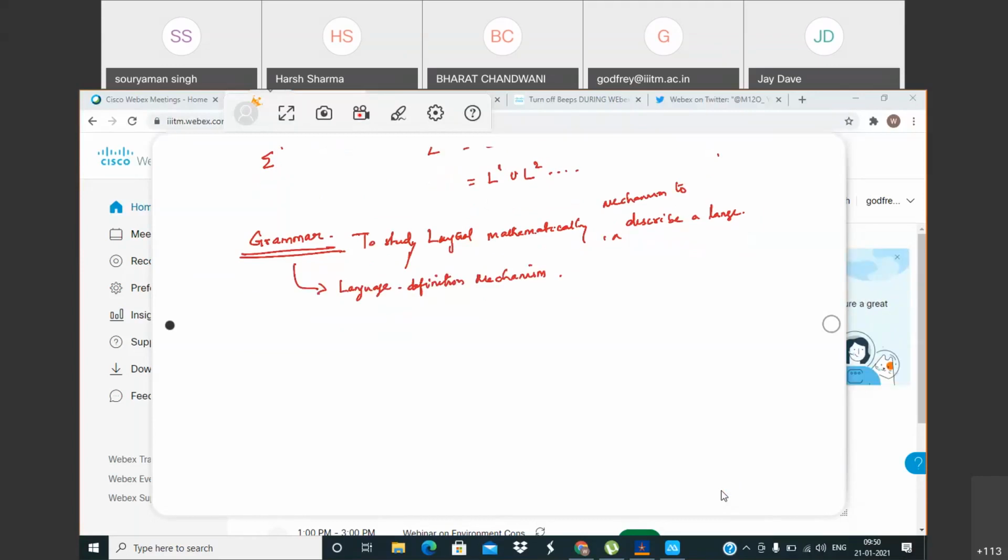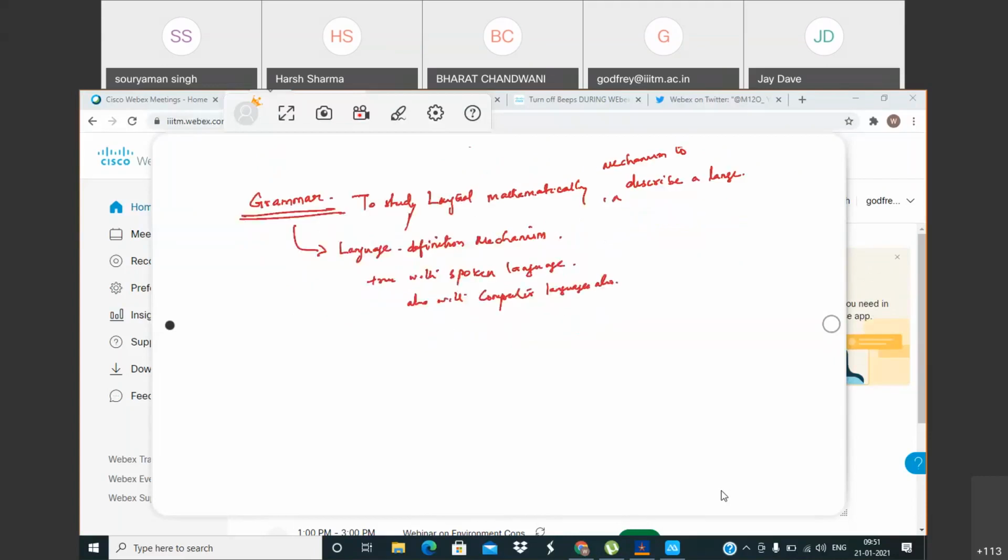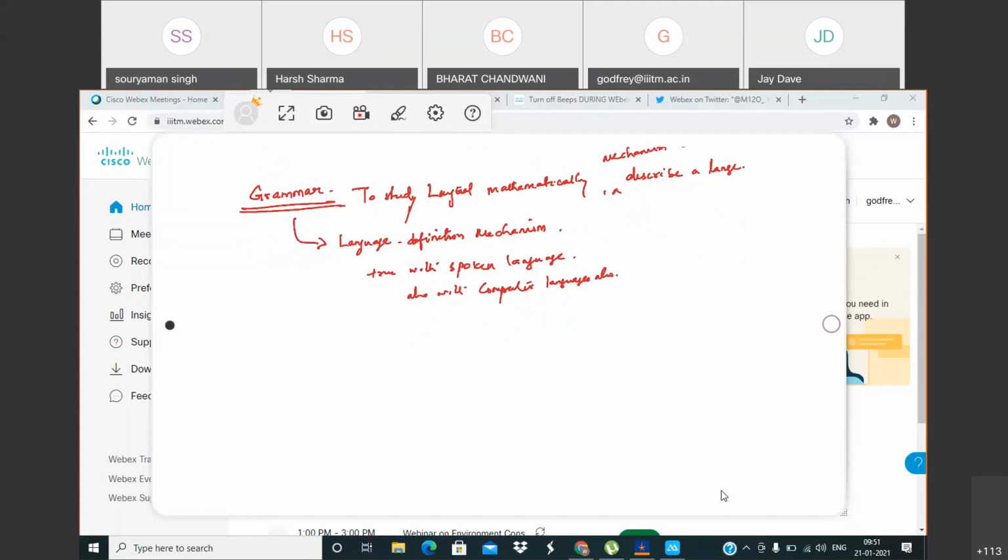So grammar is basically a language definition mechanism. This is true with respect to our spoken languages, and the same is true with computer languages also, right? Now, what does grammar do?